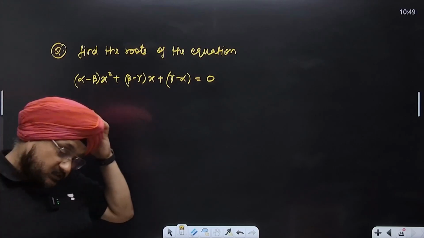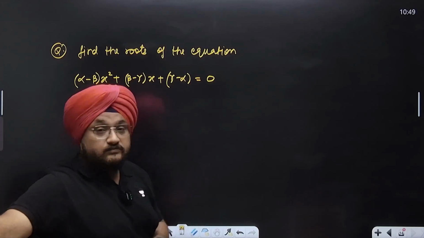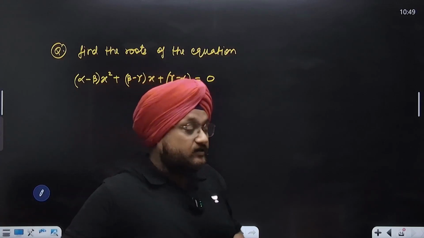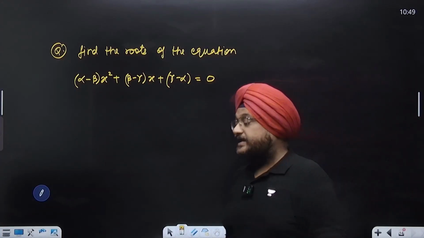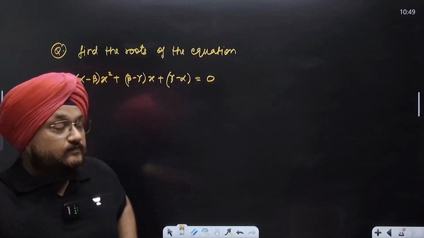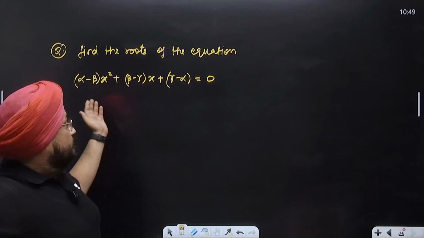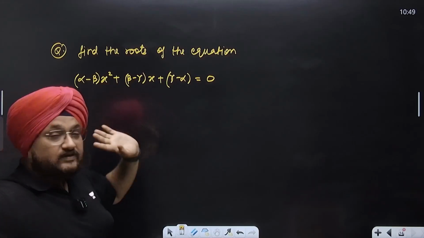See, in this equation we are here to find the roots. Either we can use the quadratic formula which we have derived earlier, minus b plus minus root b square minus 4ac upon 2a. From that we will be able to get the two values of x which satisfy this equation.